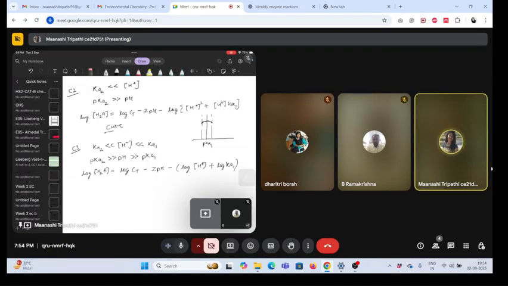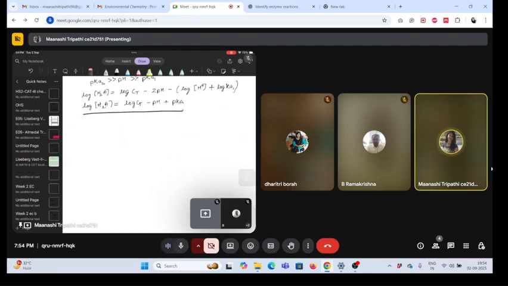This can also be written as log H2A is equal to log Ct minus pH plus pKa. So here it is also a straight line because we are not getting any squares. So this is also a straight line.